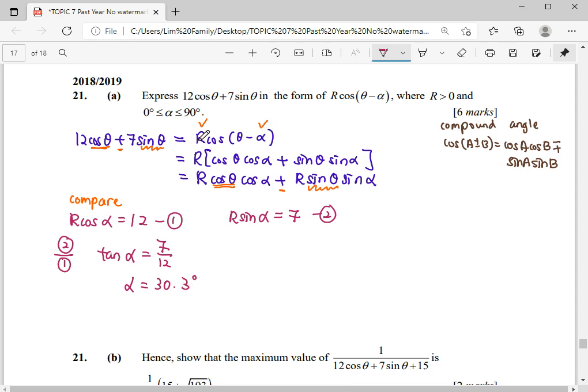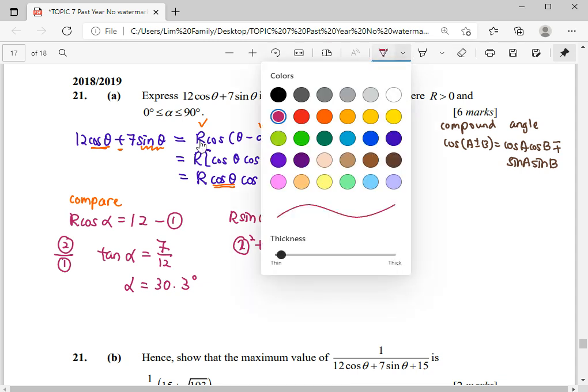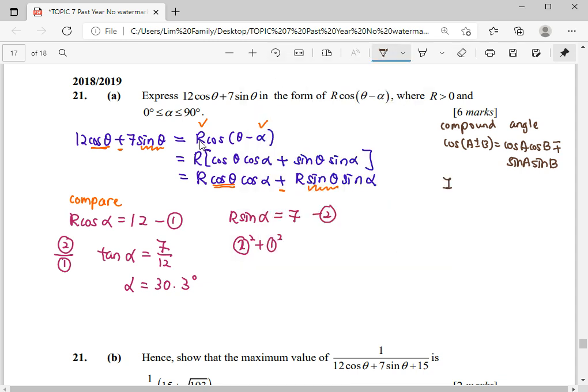How do we get R? To get R, we will use the identity concept, where equation 2 squared plus equation 1 squared. Because of the identity formula, sine squared plus cos squared equals 1.